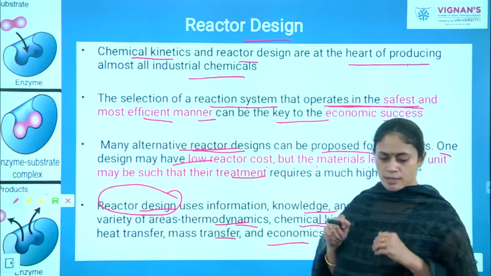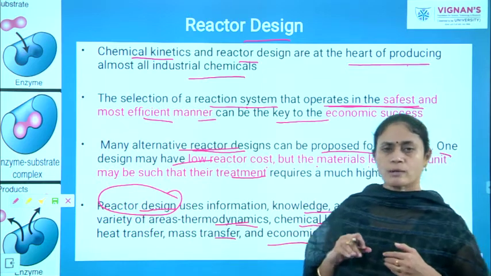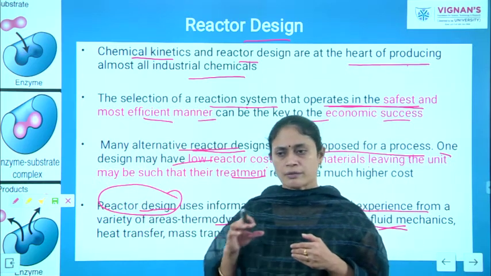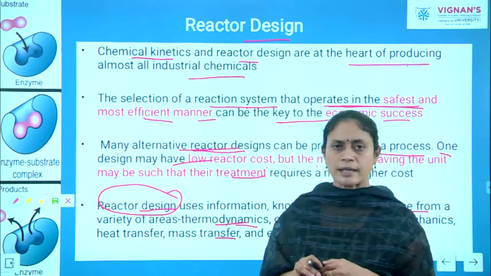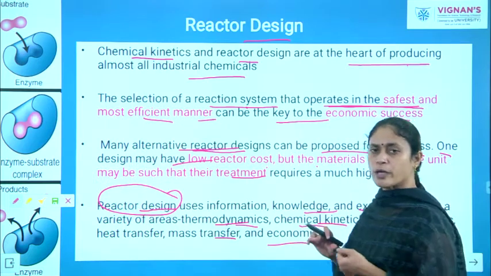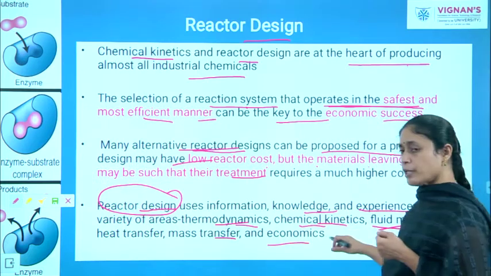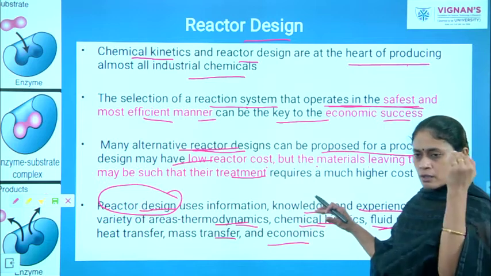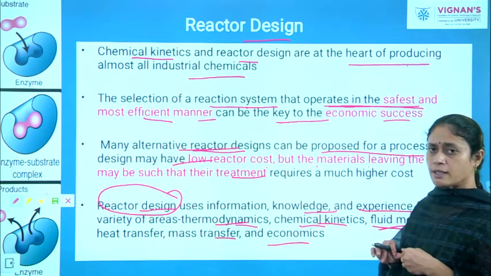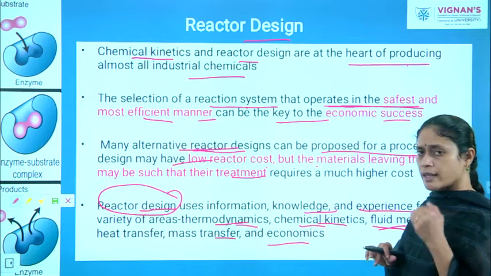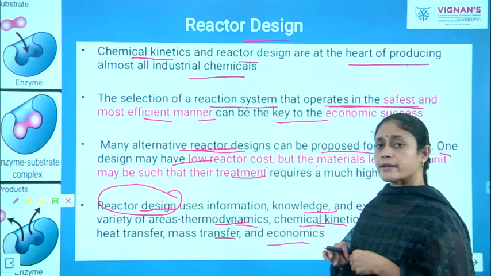He has to know what the heat transfer or mass transfer limitations will be present in that particular reactor. He needs to know about fluid mechanics. He also needs to know about the economics involved in that particular process, in that particular reactor.